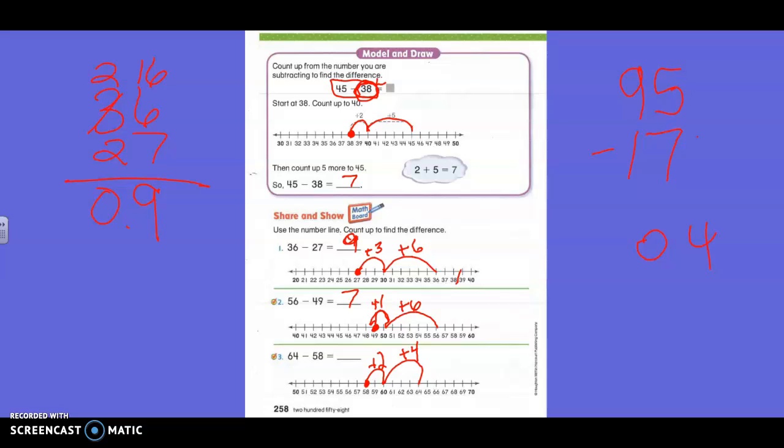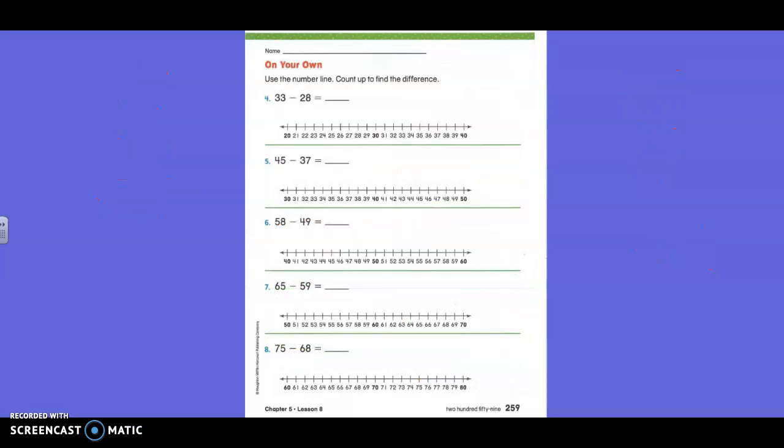Our jumps are 2 and 4. What's 2 plus 4? 6. Okay. I think I'm going to have you do this with your partner, on your own with the partner. Then you guys can do these. Let's do the hot problem.